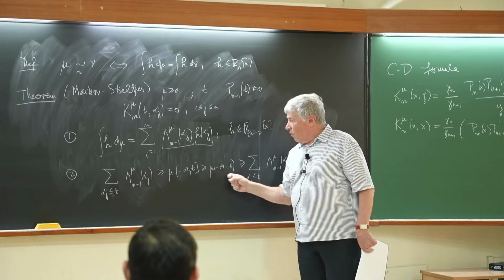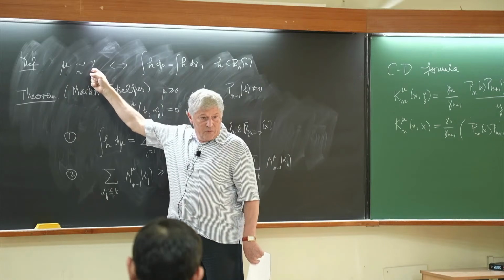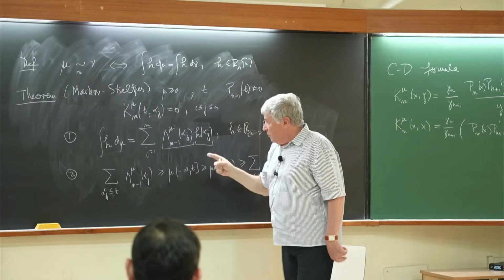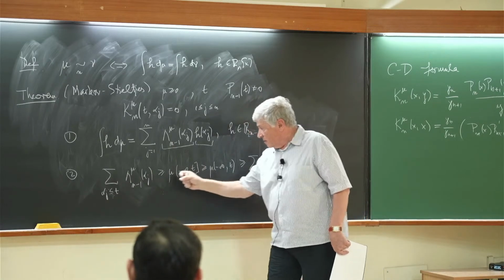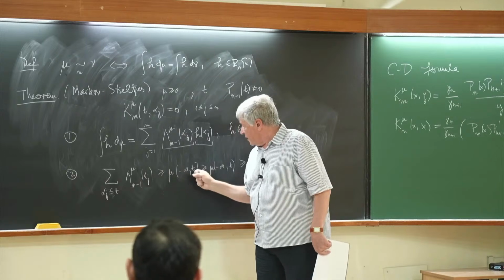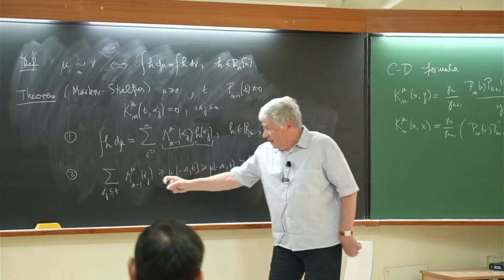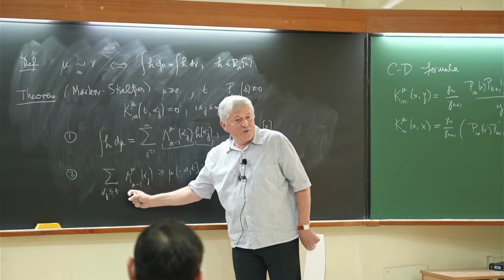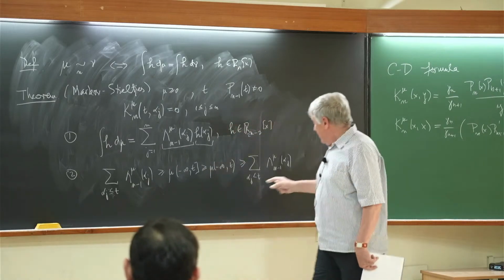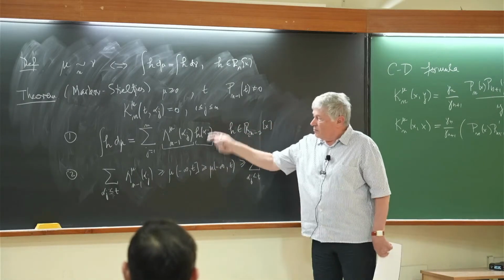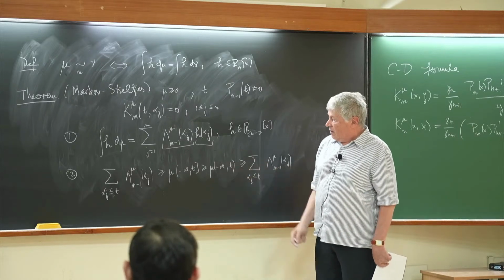Among all measures which are n-equivalent to mu, the one which has maximal mass at the point, whatever t, is precisely the value of the Christoffel function. So it's a variational problem of a very intricate kind, and this shows a lot. We will not go into this direction, but in approximation theory, this is quite remarkable.